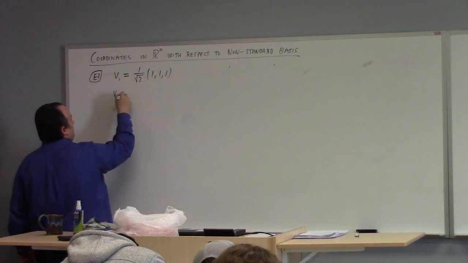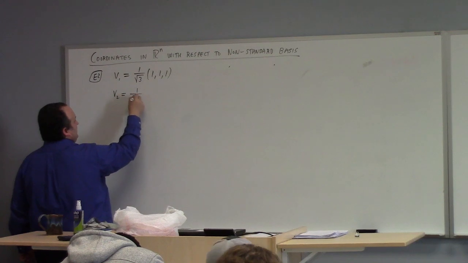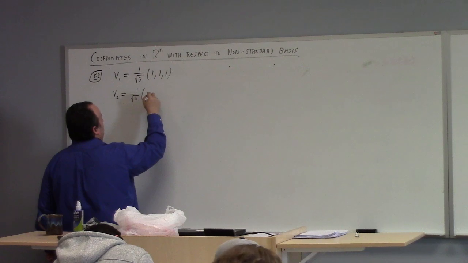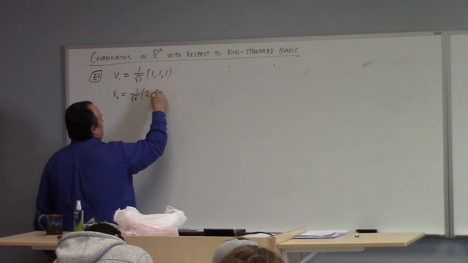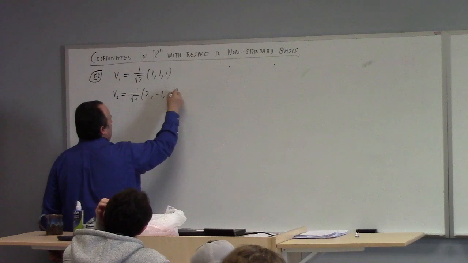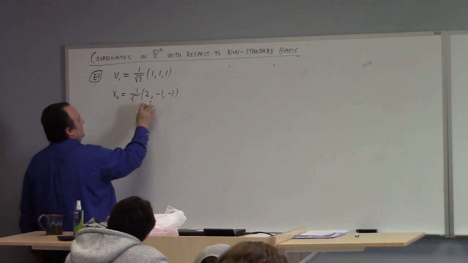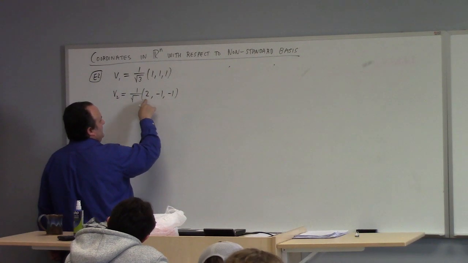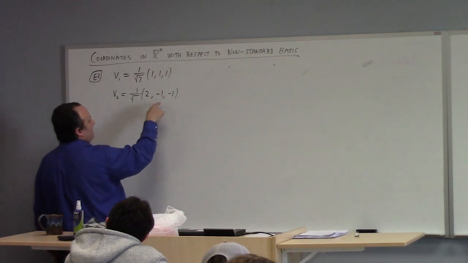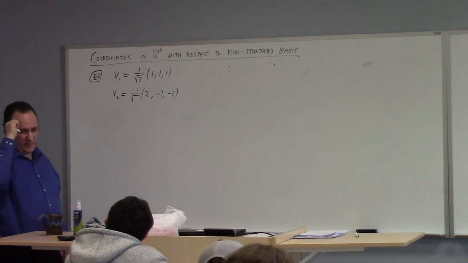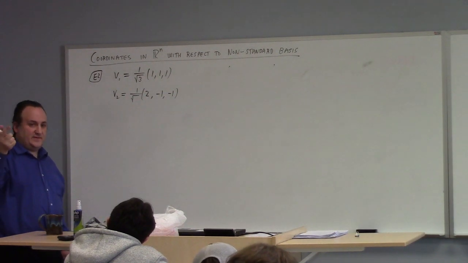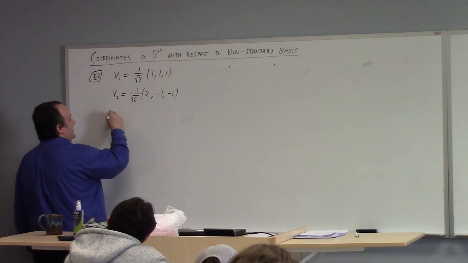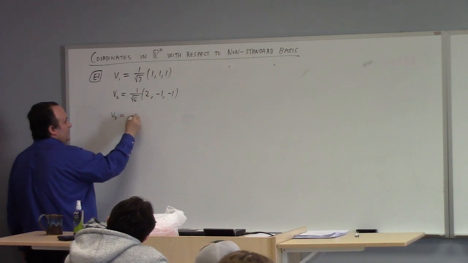And then v2, how about this? 1 over the square root of 2 times, hold on a second. I guess I've got to do (2, -1, ...). What's the length of (2, -1, 1)? 2 squared is 4, 4 plus 1 is 5, 5 plus 1 is 6, so the square root of 6. Can you guys tell me a third vector which is perpendicular to both of these?